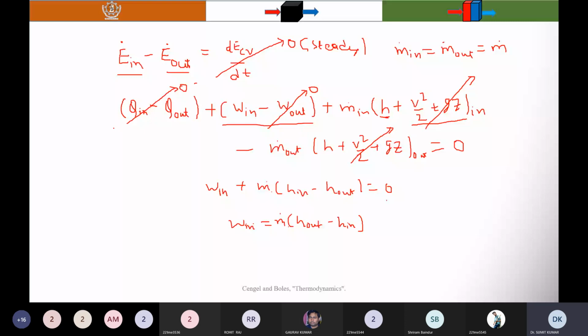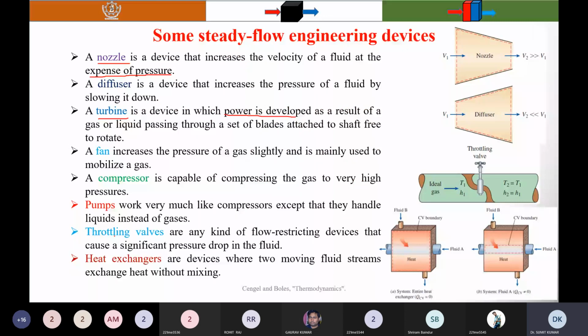Next one is the throttling valve. Throttling valves are any kind of flow restricting device that causes a significant pressure drop in the fluid.